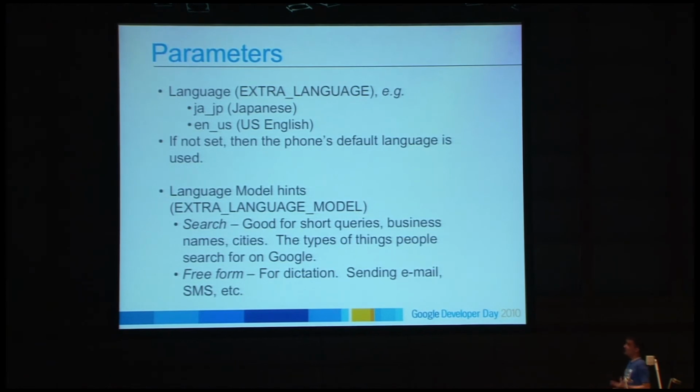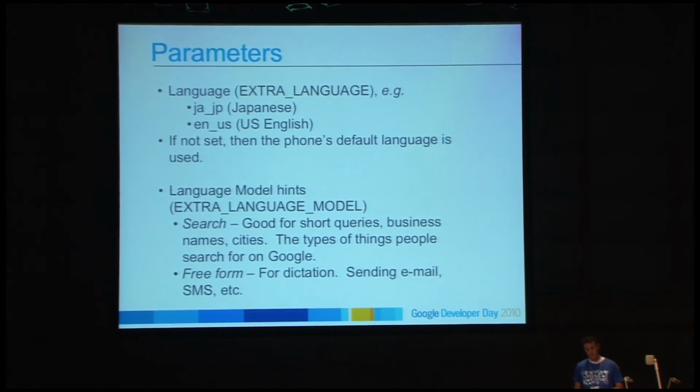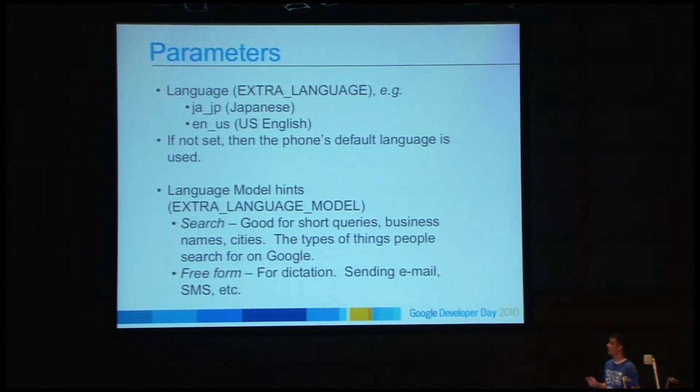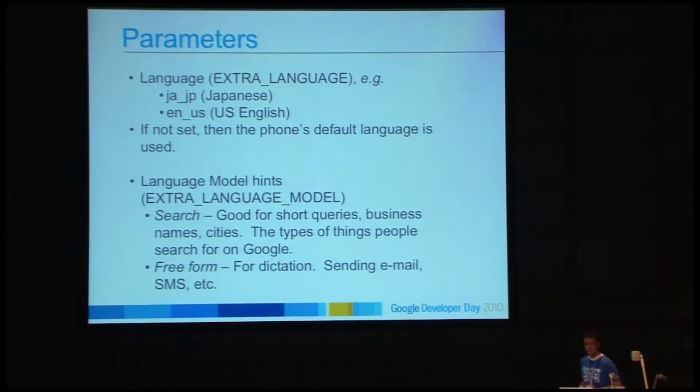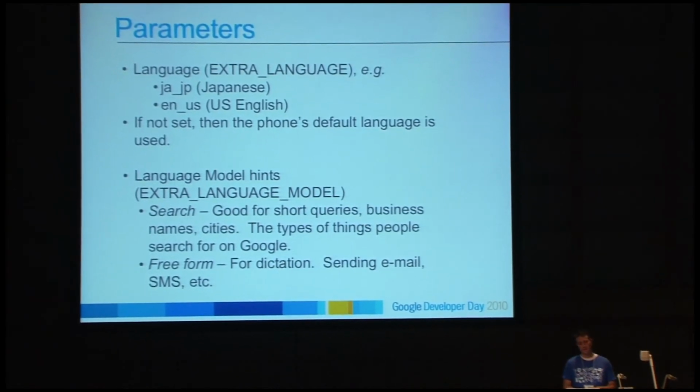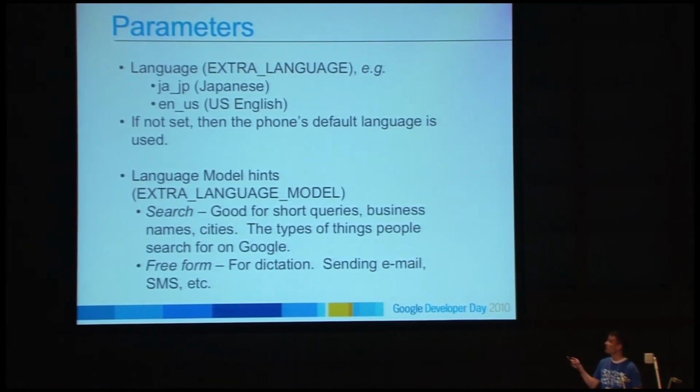So let's talk a little bit about the parameters you can set. One of the most important, of course, is the language. I wish I could tell you that users will speak and we'll automatically identify the language, but we're just not there yet. So at the moment, you have to tell us what language you expect the user to speak. And you can do this through the parameter called extra language. So for example, if you expect the user to speak in Japanese, you send us the code for Japanese.